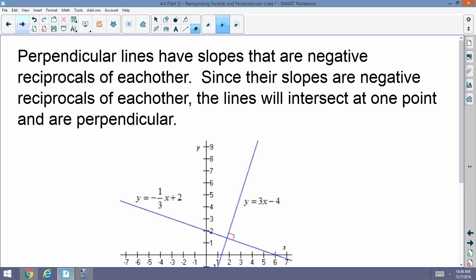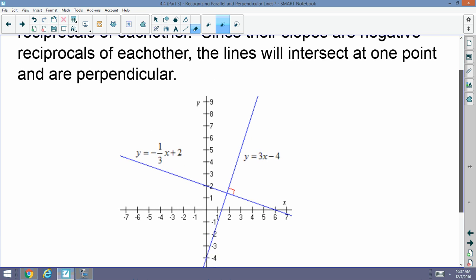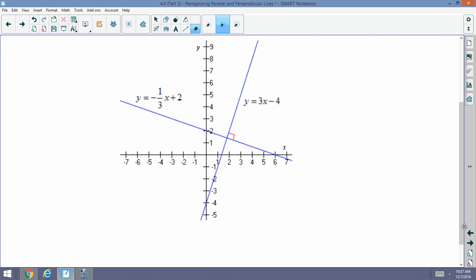Next, perpendicular lines. Perpendicular lines have slopes that are negative reciprocals of each other. Since their slopes are negative reciprocals of each other, the lines will intersect at one point and are perpendicular. Remember, again, from geometry, that perpendicular means that you create a 90-degree angle.